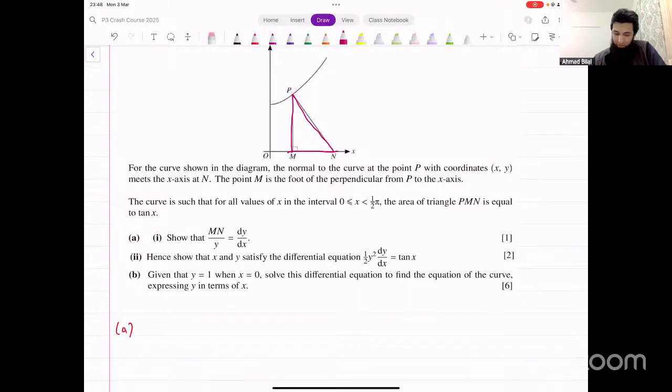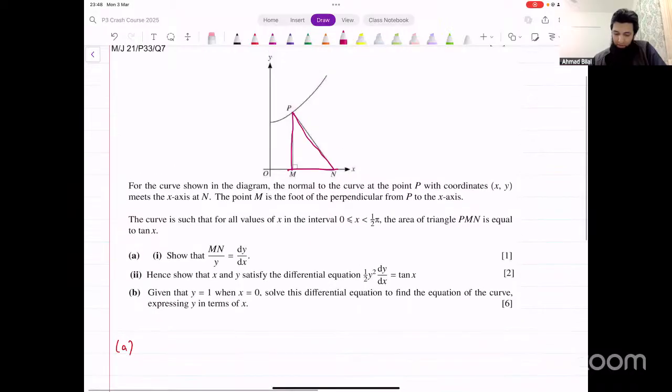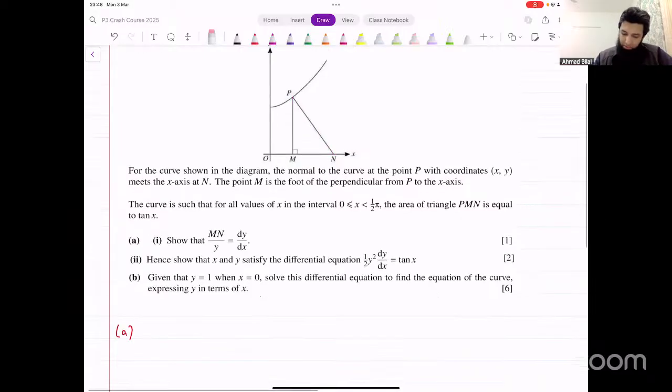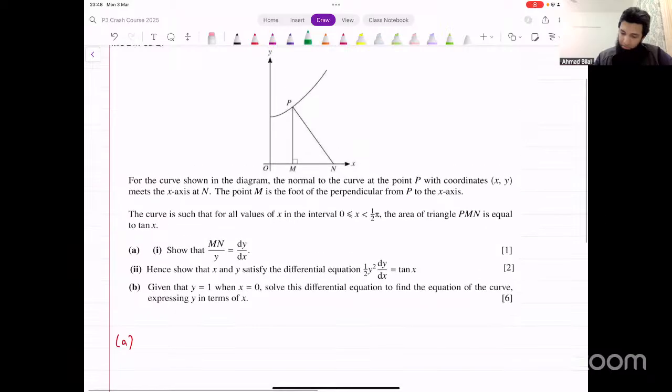MN over y. Okay. MN is this horizontal side. What's y?